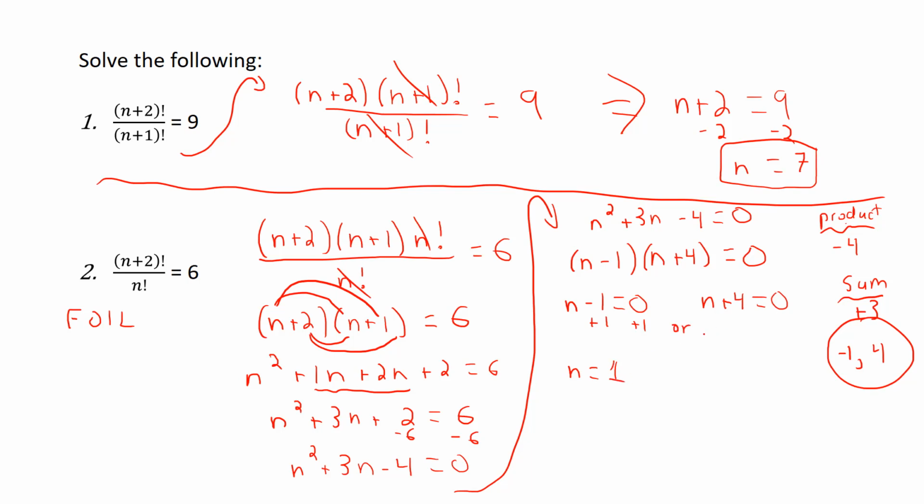And then on this one we subtract 4 from both sides, so we get n is equal to negative 4. You cannot have a negative number when you solve this one, because then you can't take the factorial of a negative, and a quick check will show you that that's not possible. Negative 4 factorial is inadmissible, so we reject this one. And our only answer is n equals 1.